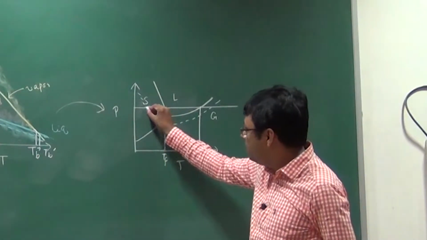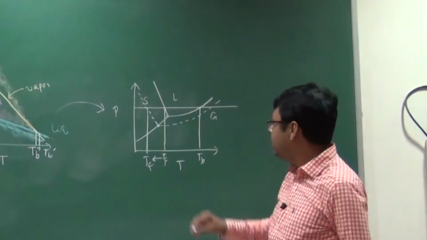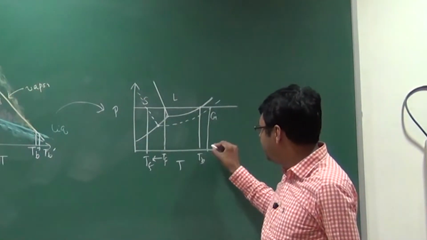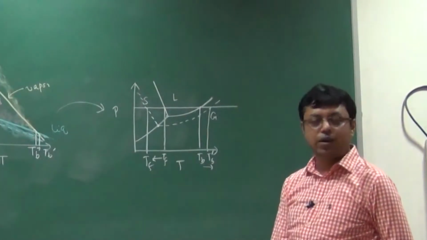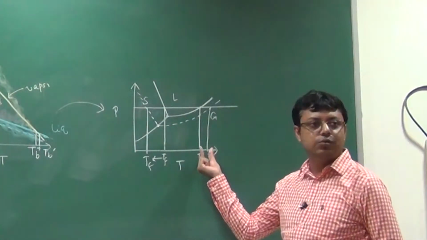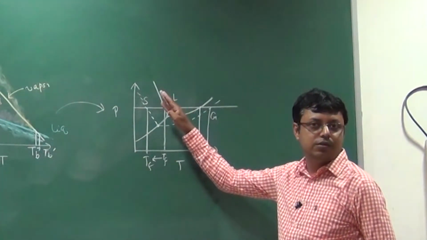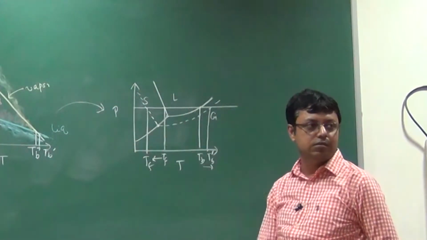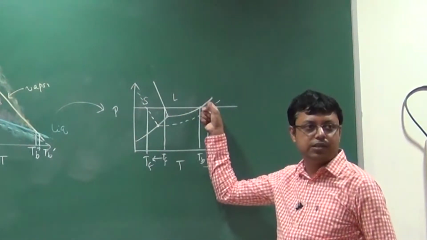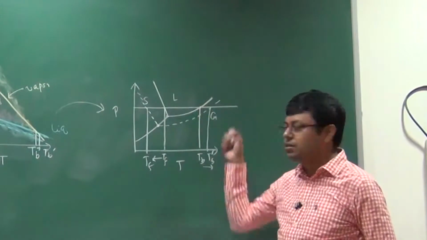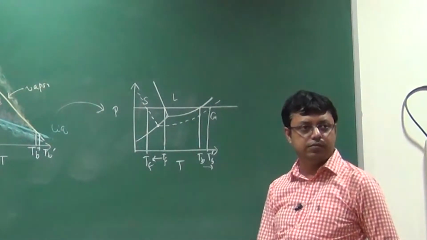So I'll have basically freezing point depression like this, and elevation of boiling point like this. But again, you can see that this will be a small shift. Actually, this comes from the slope of this curve. If it is steep, the shift will be more. You can easily see. And this slope is much shallower, right? That's why the shift is small. And overall, the triple point also comes down.